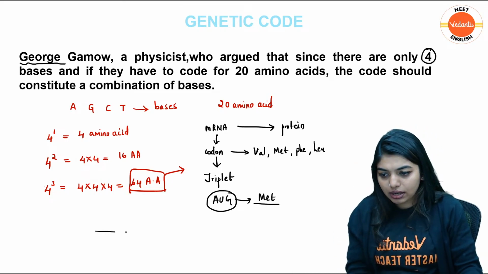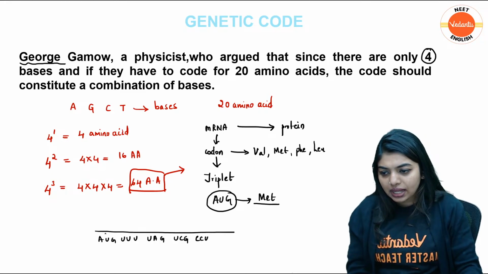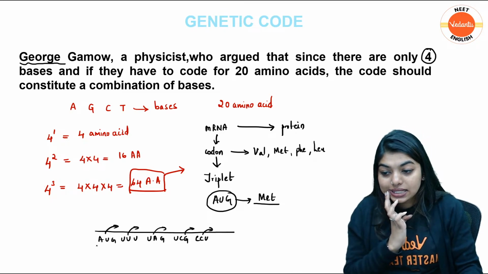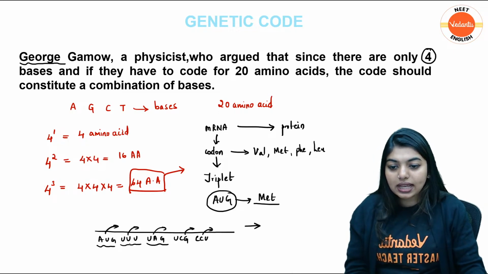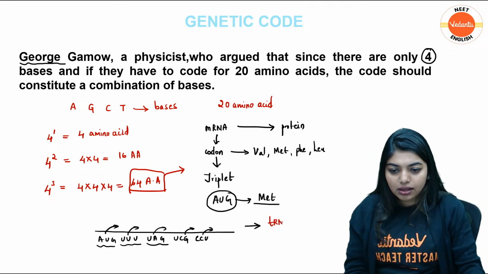That means if on an mRNA I see many codons, AUG, UUU, UAG, UCG, CCU, all these, then this will code for one protein, this will code for one protein, and so on. This is called codons. These codons will be read with the help of tRNA plus ribosome.